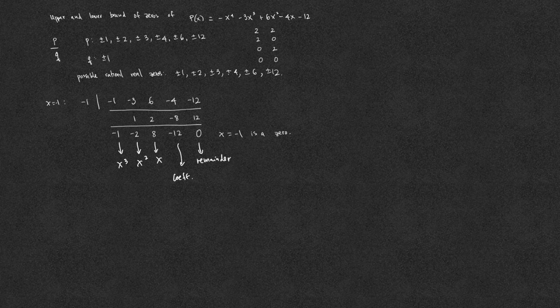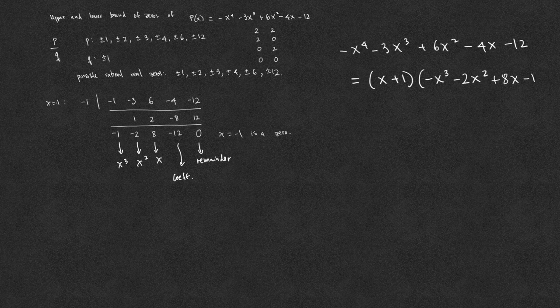And so we can write negative x to the fourth power minus 3x cubed plus 6x squared minus 4x minus 12 as a factor x plus 1, because k is negative 1 in this case, times the quotient. The quotient there is negative 1 x cubed, negative 2x squared, and then 8x minus 12.